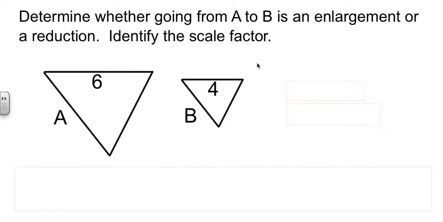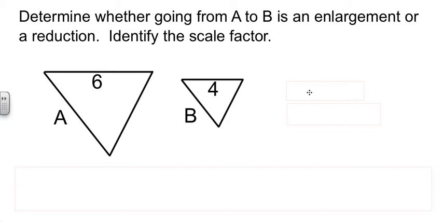So the question here for this one is to determine whether you have an enlargement or a reduction. And we're going from A, the original size over here, the pre-image, to B, the image after we did the transformation. Are we talking enlargement or reduction?